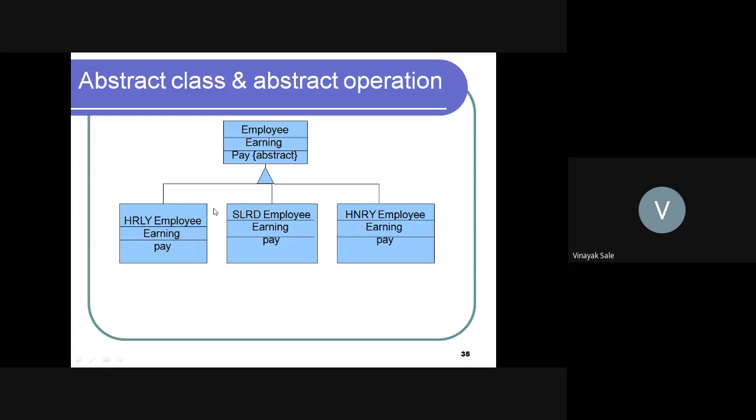Generalized as subclasses: HRLY employee, then SLRD employee, HNRY employee. So each employee has the earning attribute and pay as abstract. So this is an abstract class and an abstract operation. Pay is an abstract operation.